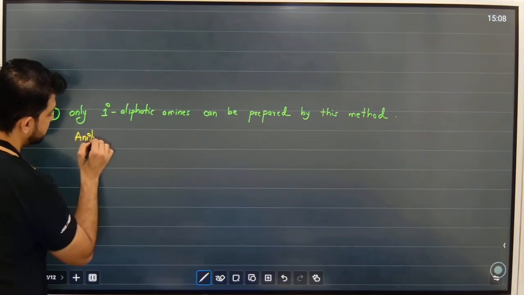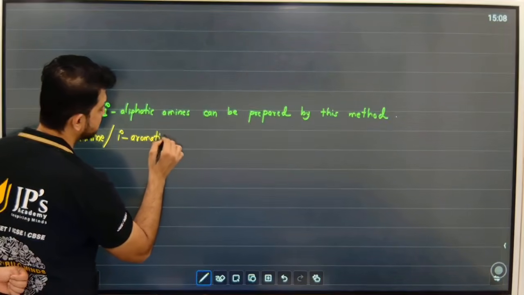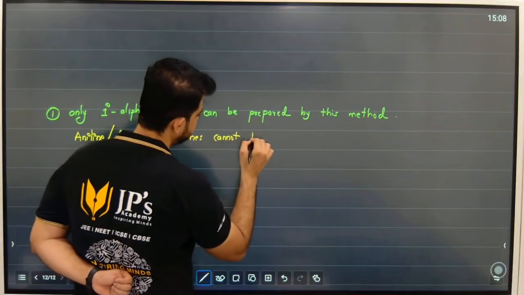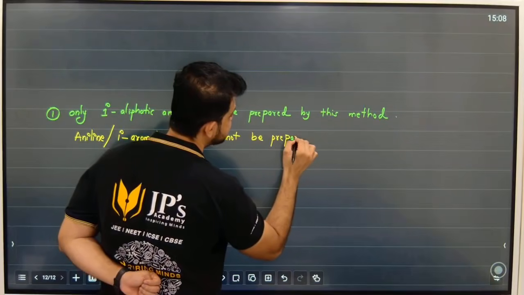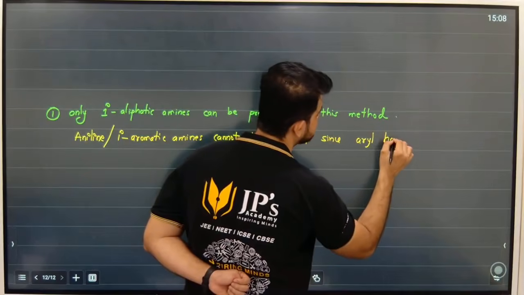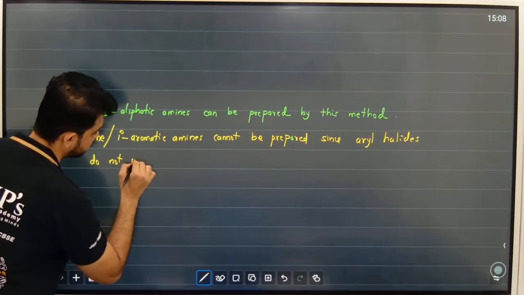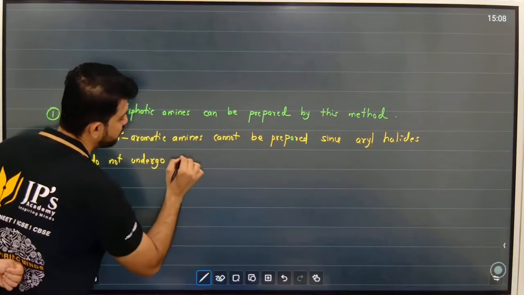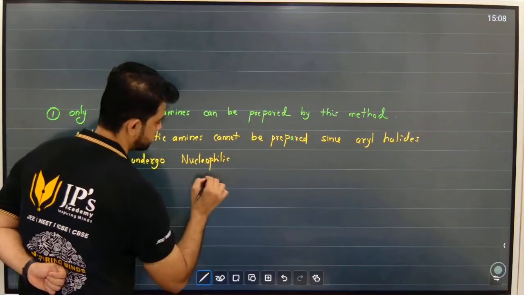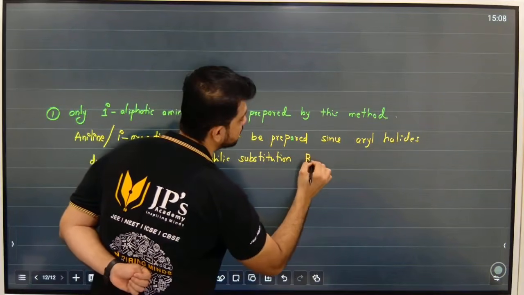Aniline, or you can say that primary aromatic amines cannot be prepared since aryl halides do not undergo nucleophilic substitution reaction.